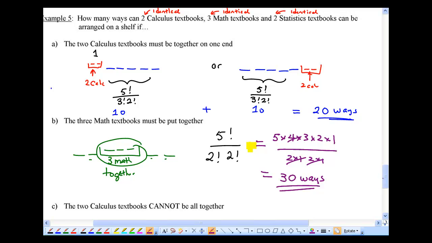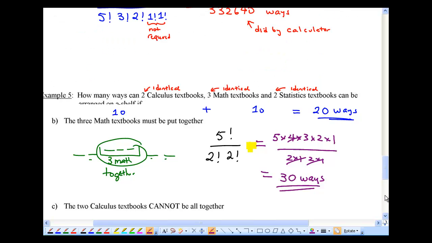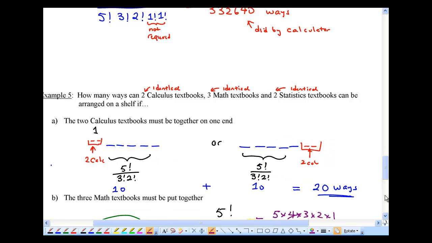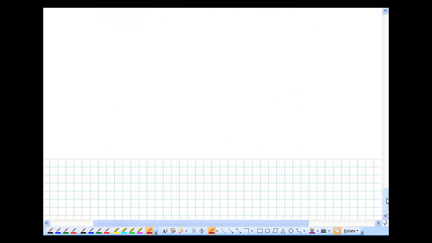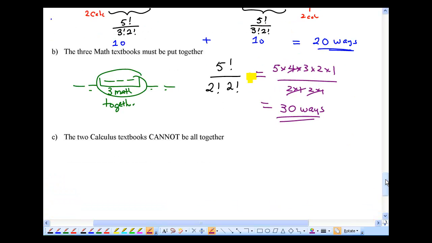And the last one today, the 2 calculus textbooks cannot be all together. Wow, lagging big time. Okay, let's hope this works.